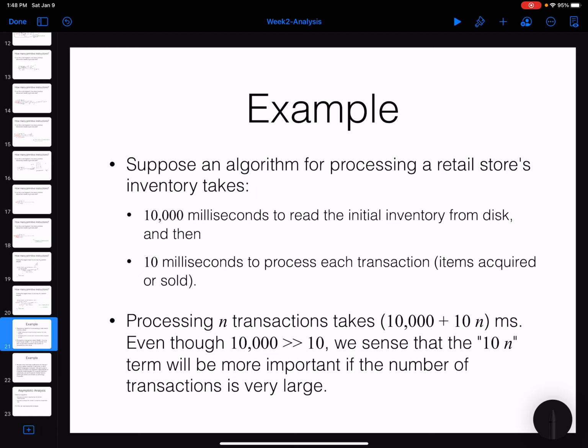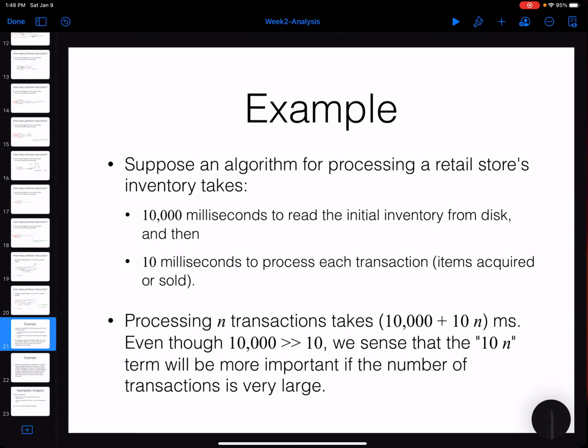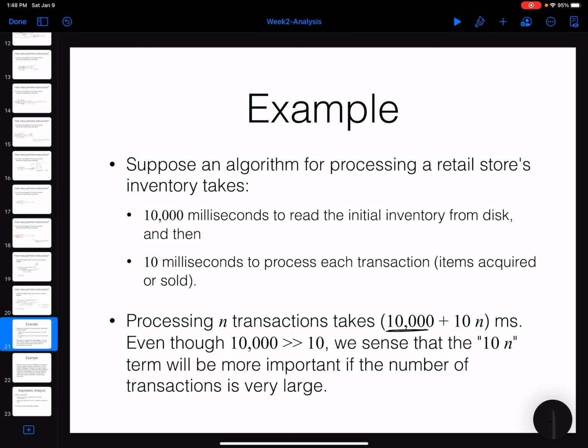So how much time would your program take to process the whole store inventory? It would take this much time for the initialization, and for each transaction it would take 10 milliseconds. So in total this is going to be this many milliseconds.